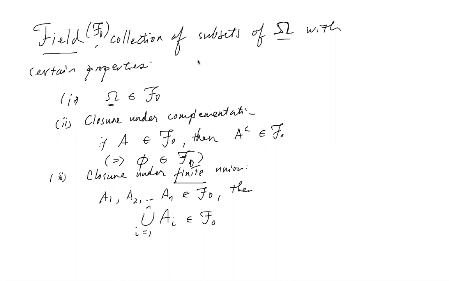I form a collection, and this collection has 3 properties: it has omega, closure under complementation, and closure under finite union. Of course, you know that closure under finite union is equivalent to closure under finite intersection.